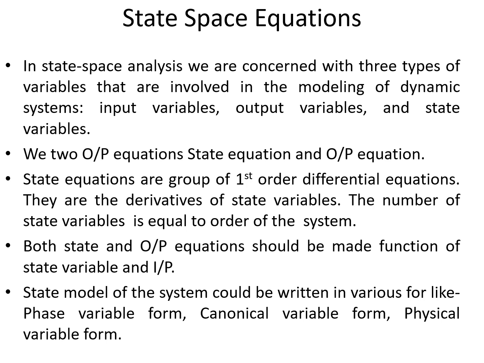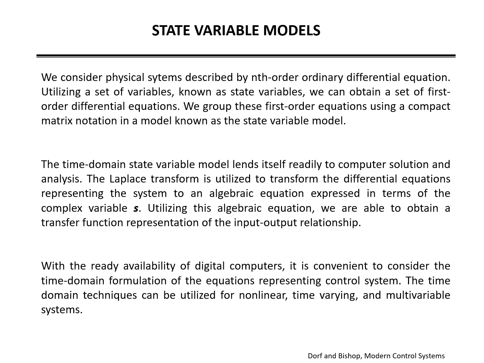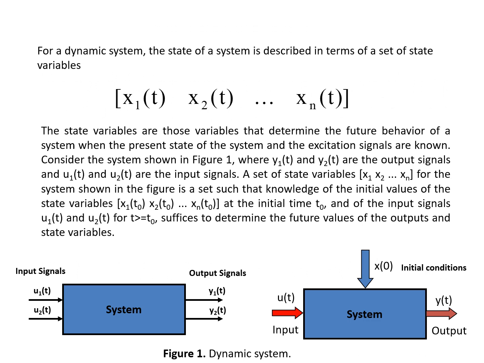And the state model of the system could be written in various forms like physical variable form, canonical variable form and physical variable form. So coming to state variable models, we are going to consider a model with an example like this, wherein I have considered input signals u1, u2 and the output signals y1 and y2.